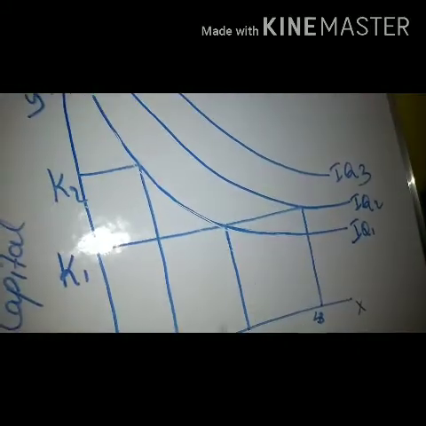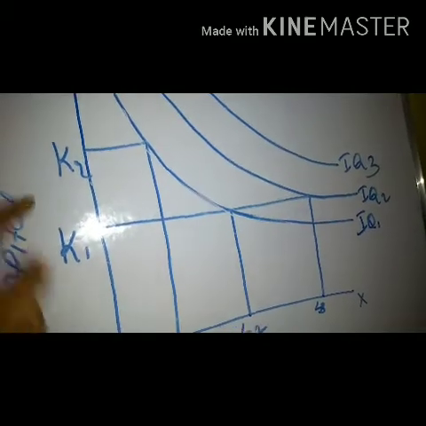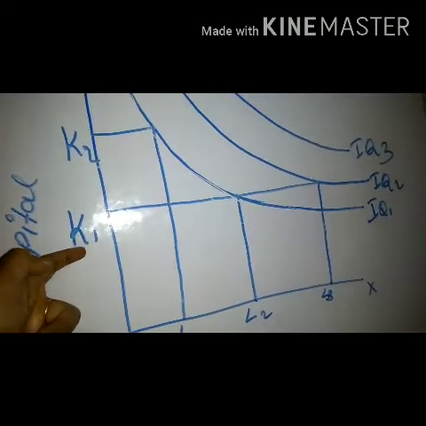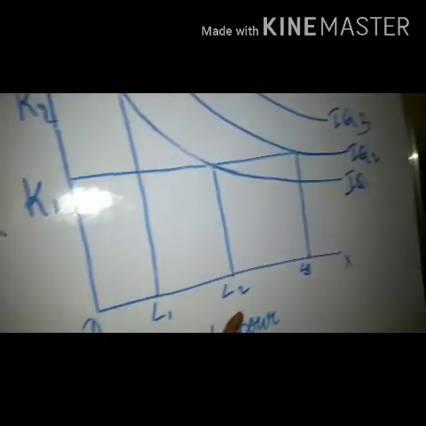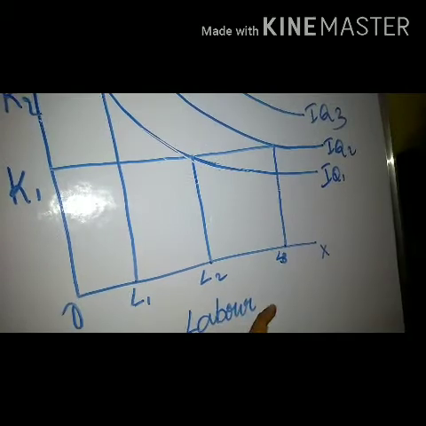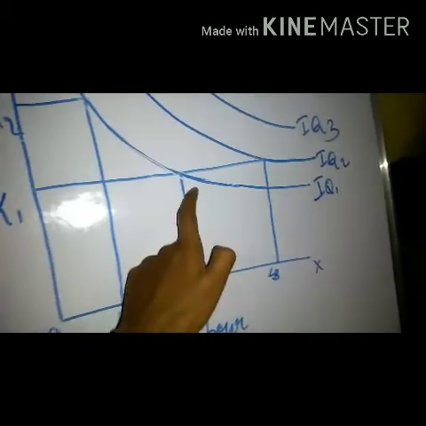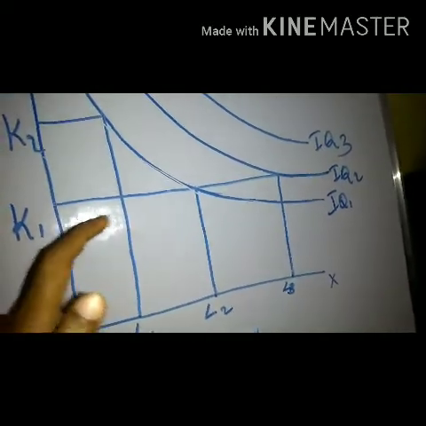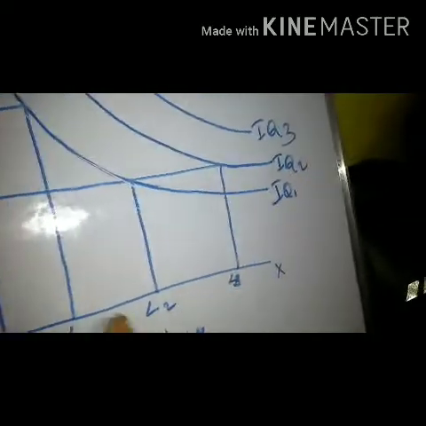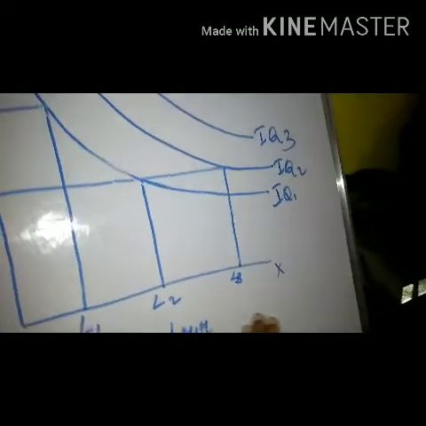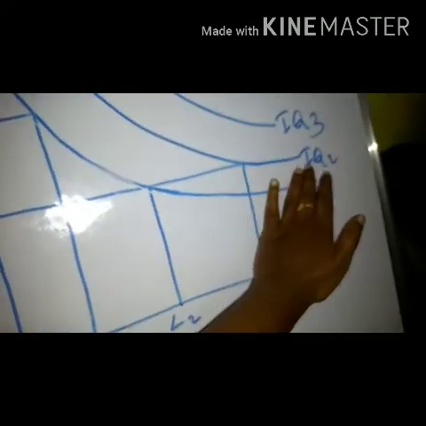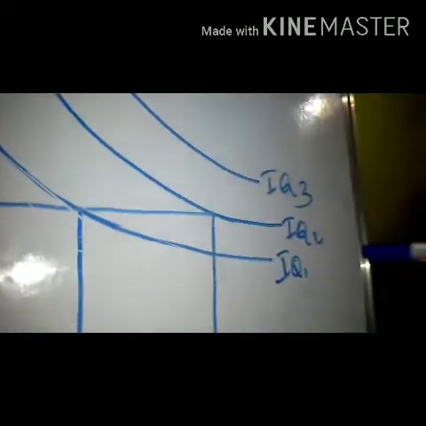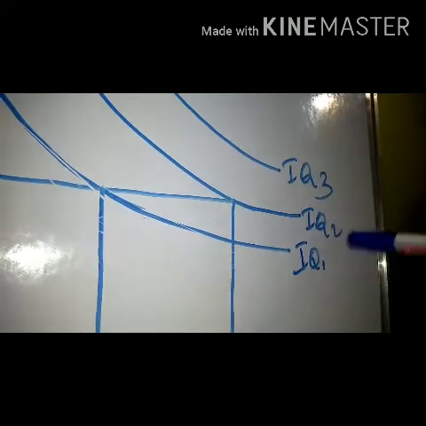Okay, and when the country is reducing the capital from K2 to K1 and it is increasing the labor force from L1 to L2, ಓಕೆ, the output remains the same. ಓಕೆ, and when the government is increasing the labor force from L2 to L3, the output is also increasing to IQ2. ಸೊ ಇಲ್ಲಿ ಏನು ಇಂಡಿಕೇಟ್ ಮಾಡುತ್ತೆ, see here IQ2 gives more output than IQ1.